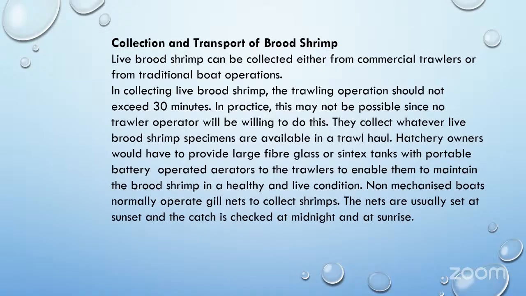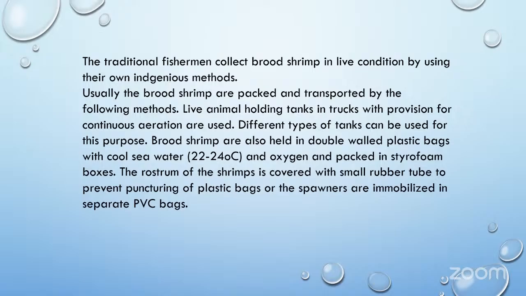The nets are usually set at sunset and the catch is checked at midnight and at sunrise. The traditional fishermen collect brood shrimp in live condition by using their own indigenous methods.